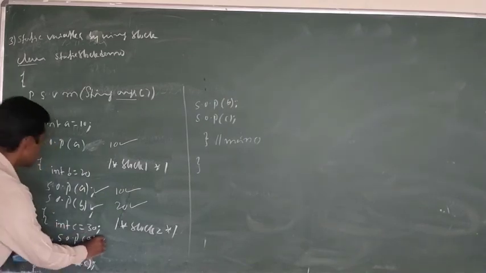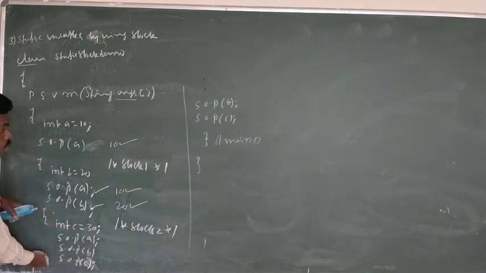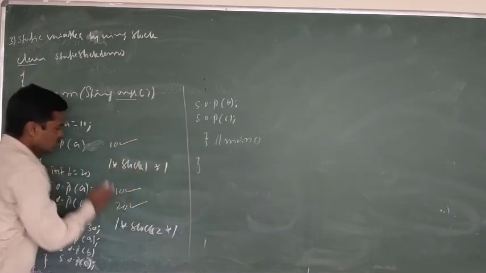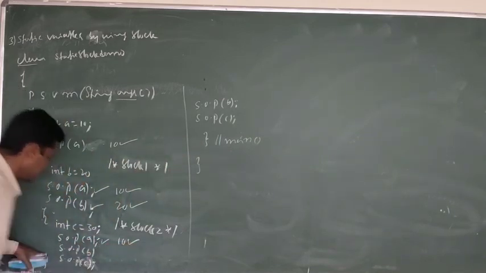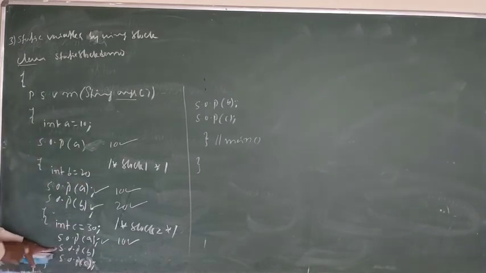So now a will be accessible. Anyway, block 2 is also inside the main method, so it is accessible. A will be displayed, 10. Then b will also be displayed, because b is declared inside block 1, and block 2 is declared inside block 1.